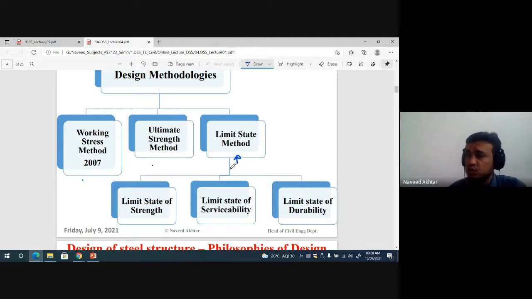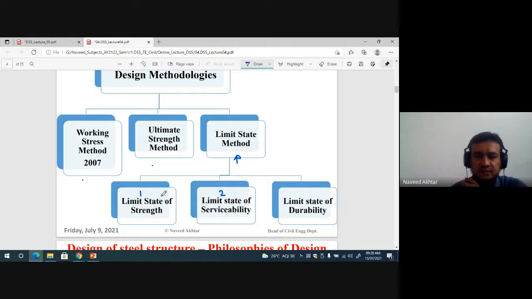In this, two basic limit states are there. One is the limit state of strength, and the second is the limit state of serviceability. In the limit state of strength, you are checking the strength of that member, and in the limit state of serviceability, after selecting the member sizes, you are checking it for serviceability and durability.